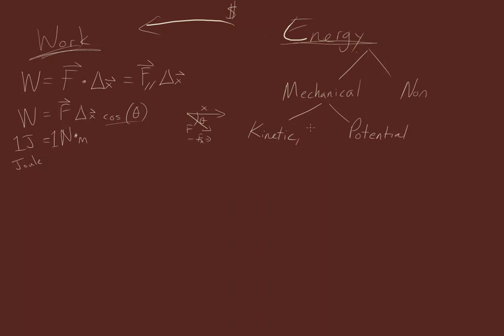Kinetic is represented with a capital K. Potential is represented with a capital U. And when we talk mechanical energy or even total energy in a system, we use that capital U as well, since we're thinking of that energy as being within the system. Kinetic energy is the energy an object has due to its motion.